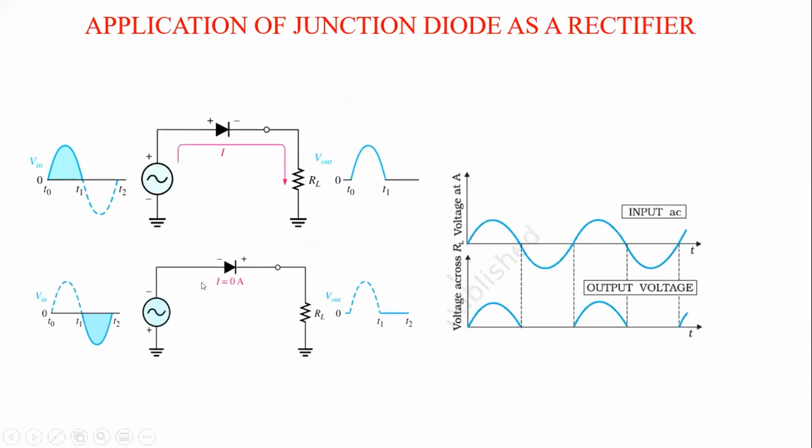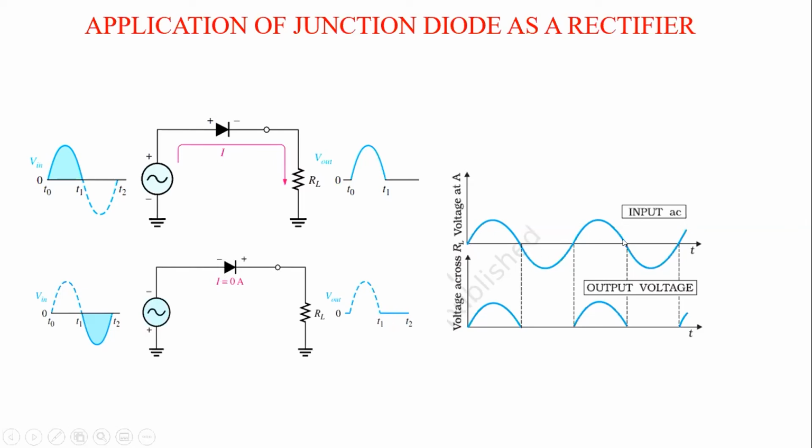In the reverse bias, the second half of the cycle, what happens? The diode is reverse biased, so no current will flow through, or I can say only nanoamps, so you can take it as 0 amps here. So the output will be at 0 volts.